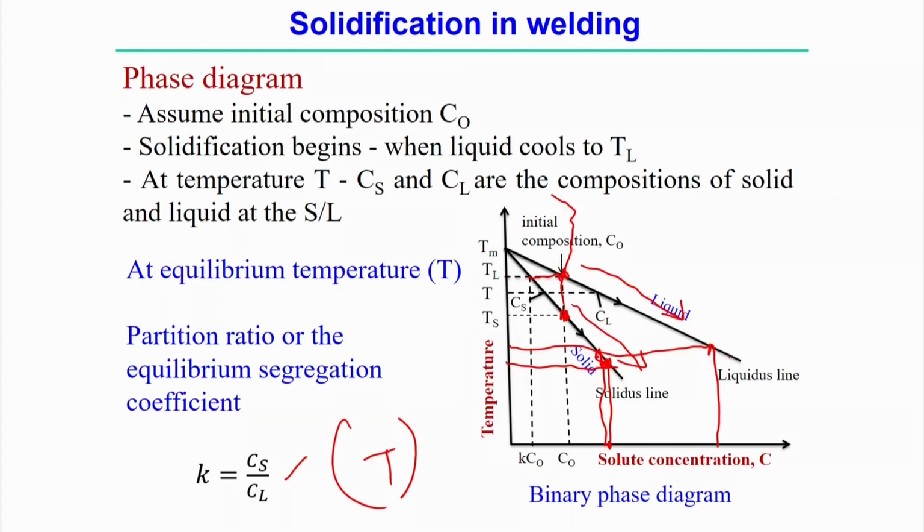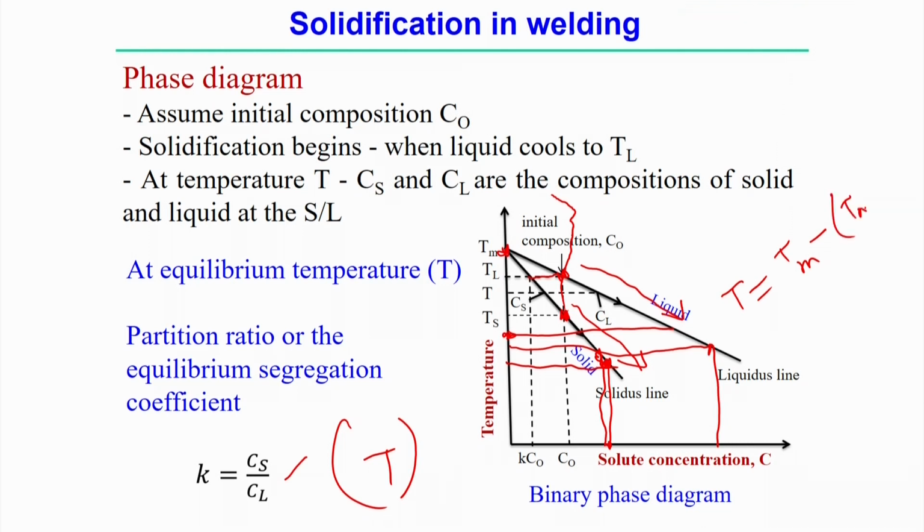If we see that the liquidus line is basically straight, then at any point the temperature T can be expressed as the melting point temperature Tm minus the difference between Tm and T.